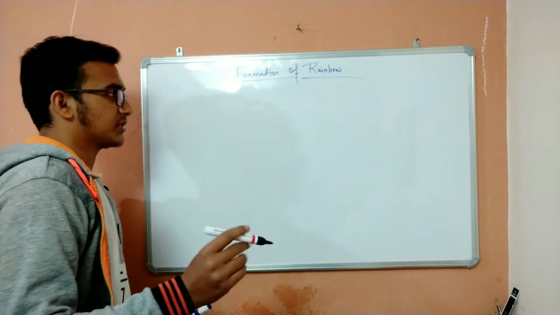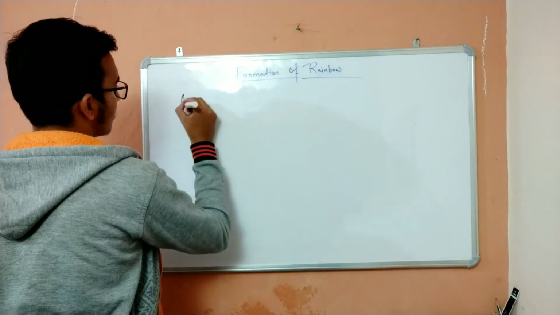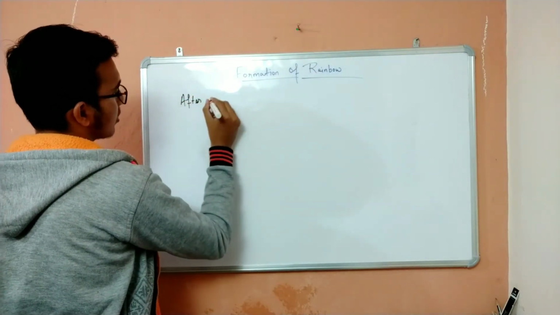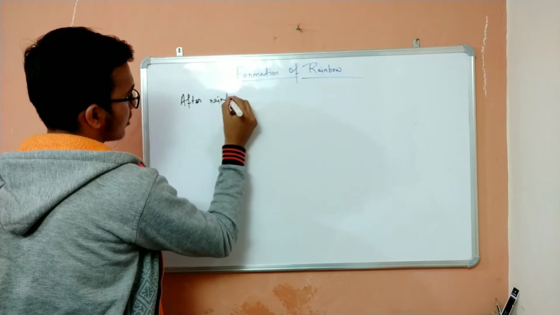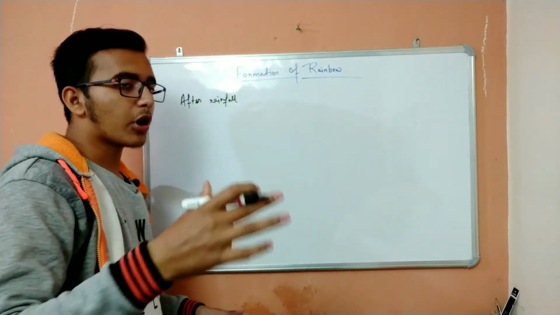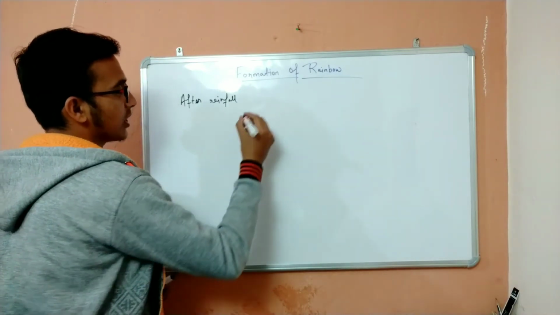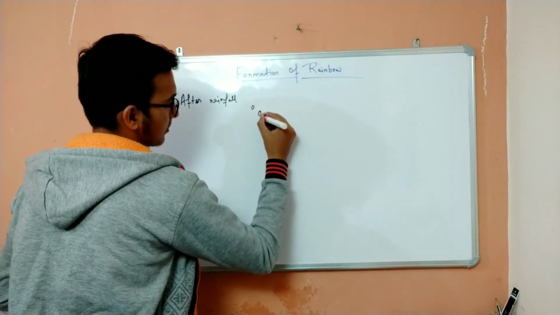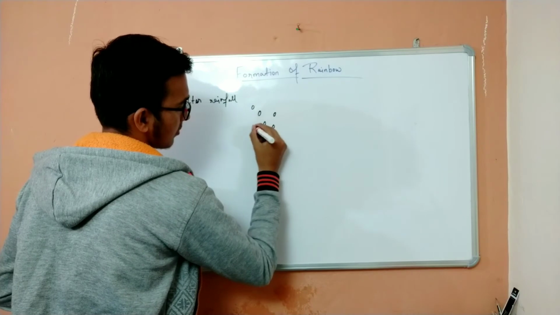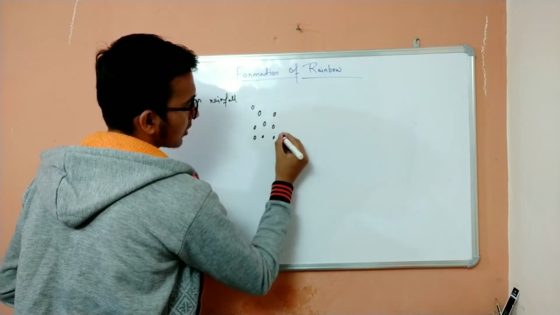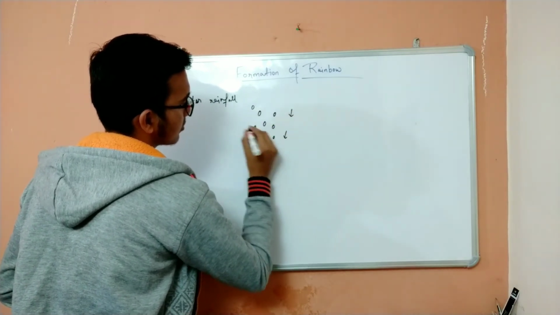Now what happens is, basically after rainfall, a few drops of water from that rainfall, a few misty drops, are still in the atmosphere, okay? They're falling downwards.